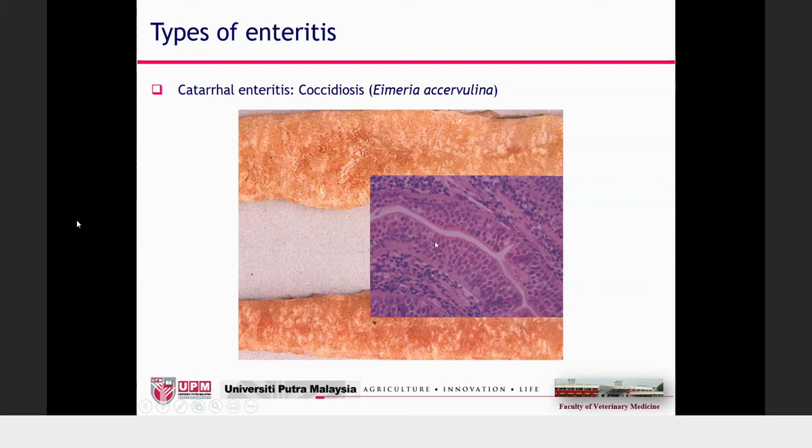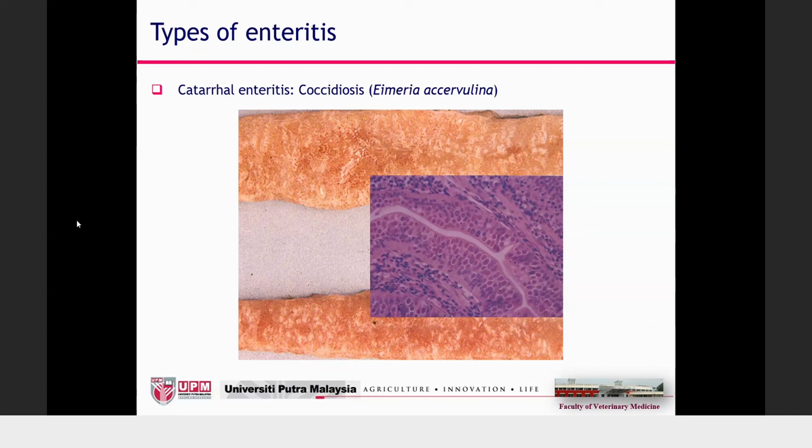That's why the body response only produces mucus by the goblet cell, leading to catarrhal enteritis. No hemorrhage and nothing, if this is only a pure case of acervulina infestation. So, a very good example.